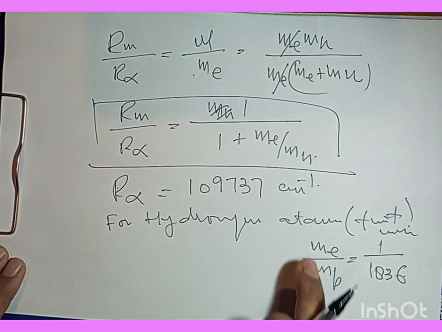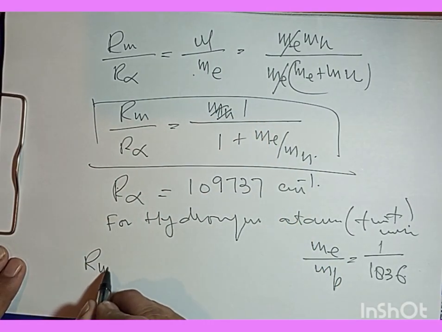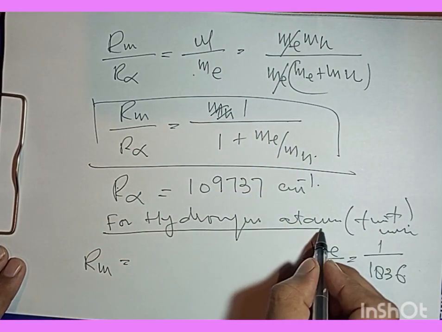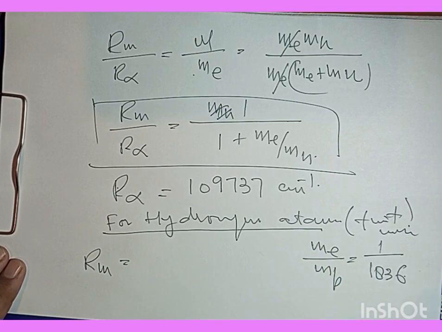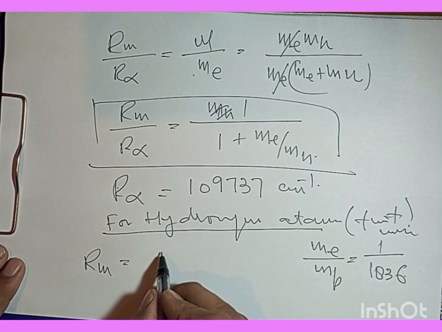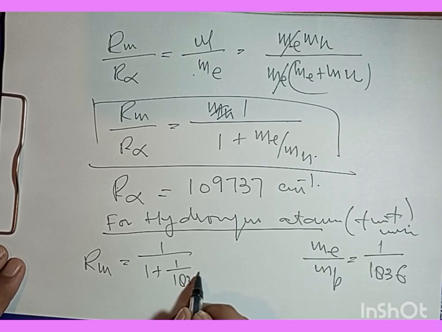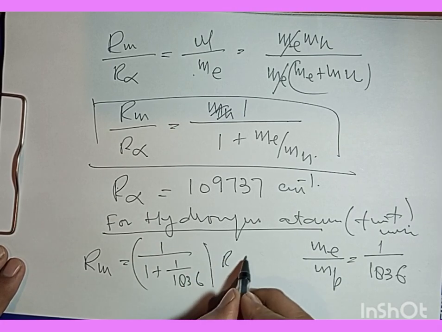So we can use this ratio in this equation, and we can calculate the Rm for the hydrogen atom, where we consider the finite mass of its nucleus. So Rm here is going to be 1 by 1 plus 1 by 1836 times R infinity.